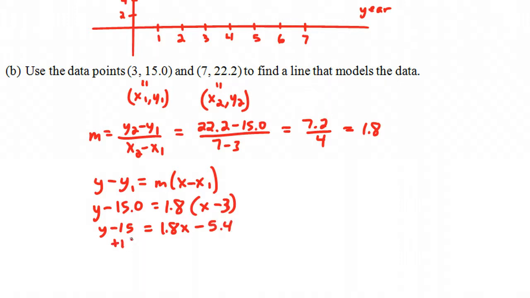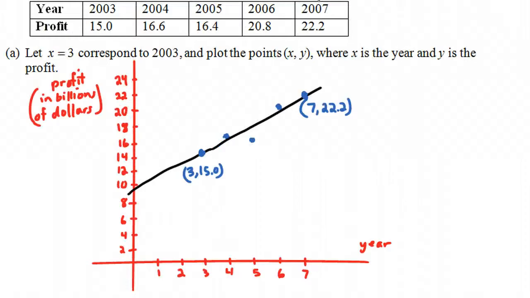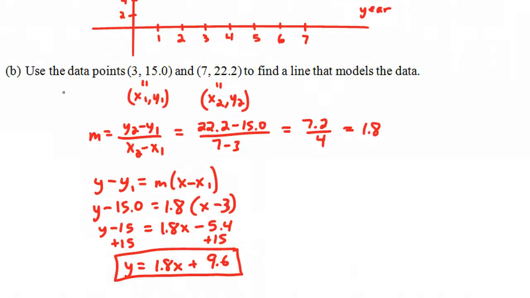If we add 15 to both sides, we get y equals 1.8x plus 9.6. That is the equation of the black line I've drawn, the line that goes through those 2 points. That line is a reasonably good fit for the data. It's not an exact fit, but it's reasonably good.